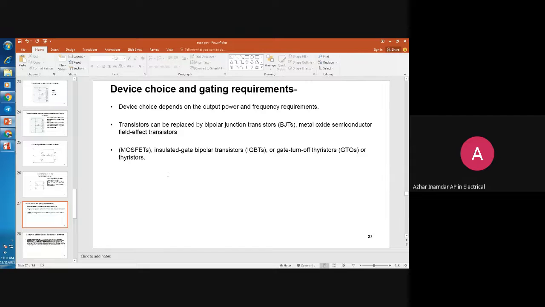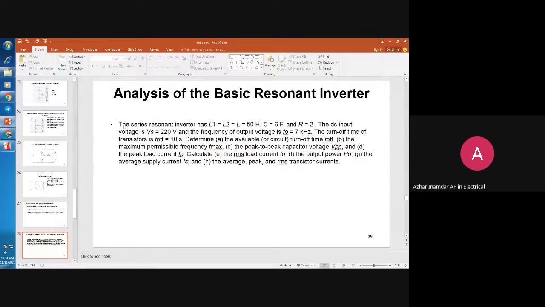Now this is a problem. We have to analyze the basic resonant inverter, series resonant inverter. This is a coupled type 1. As I've given you the PDF and also the book, you can refer to the book and see the formulas.